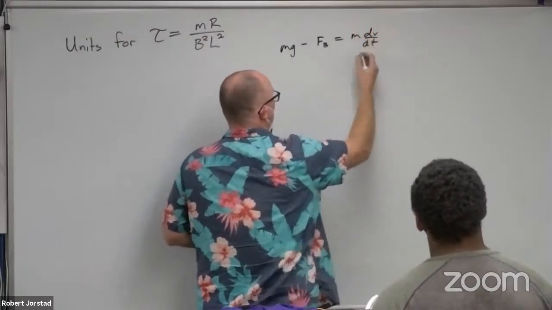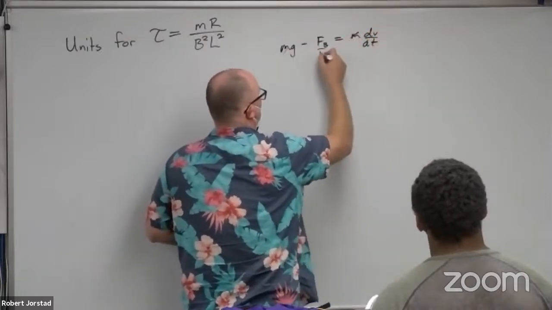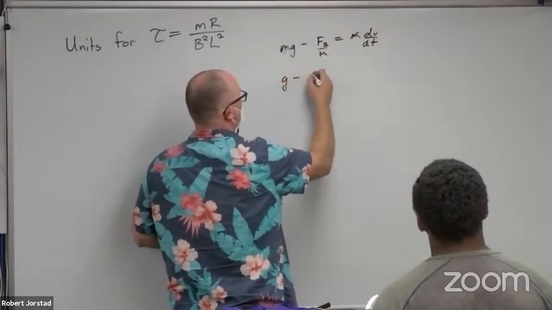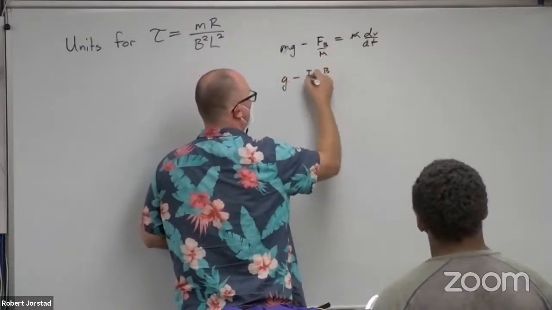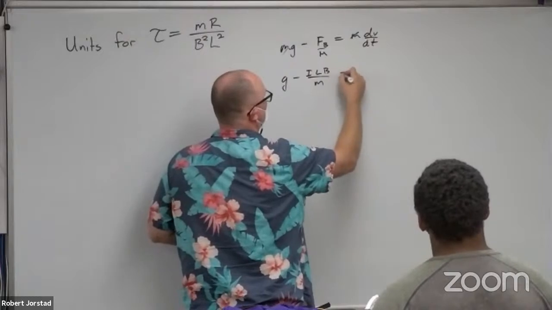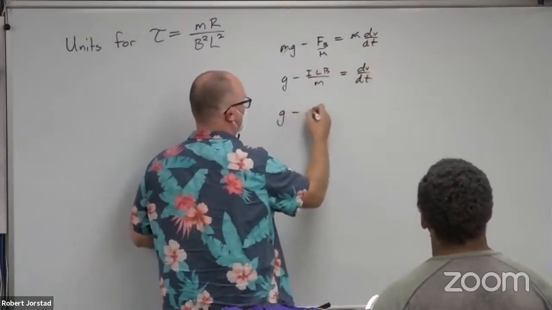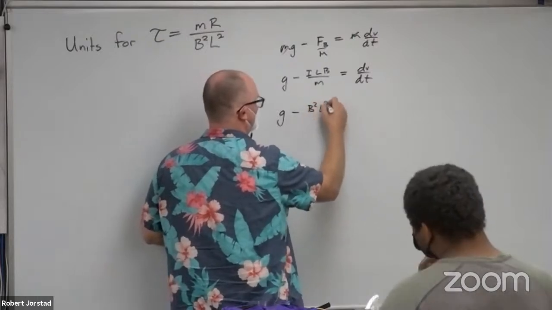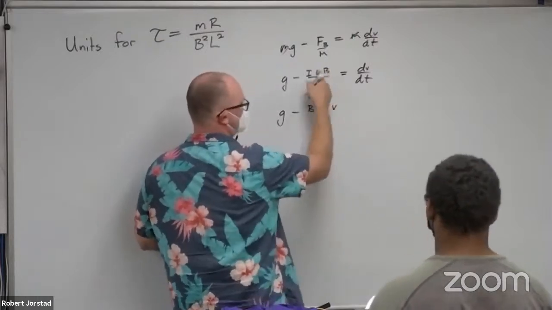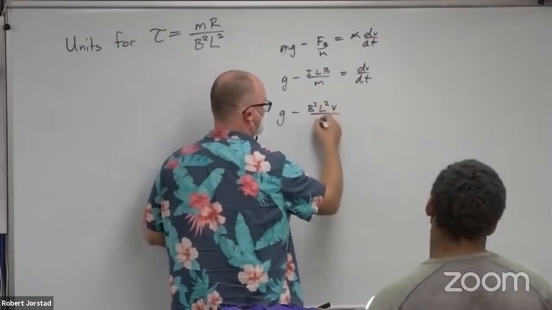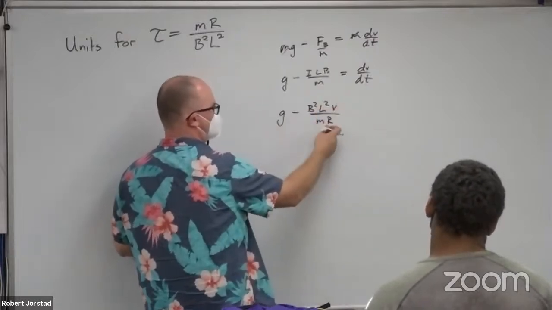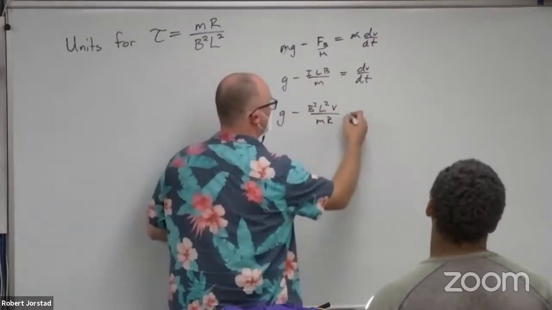So G minus I L B over M equals dV/dt. And then here, that's G minus B squared L squared V, because there's a BLB, it'll be I divided by M R, because there was an R. BLB divided by R, there was a BL. Okay, got it.